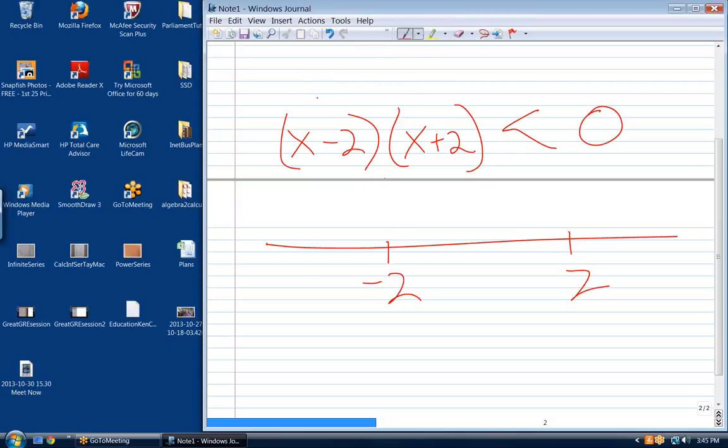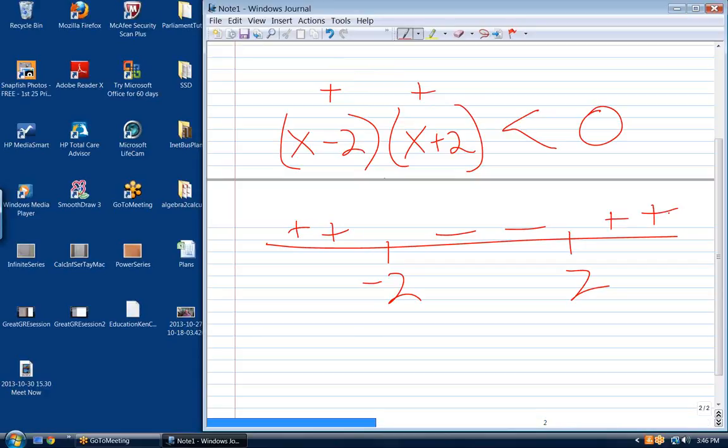It would be a negative and a negative, so positive. And then you could do 0, so it would be negative. And then if you use like 3, I guess it would be positive, positive.